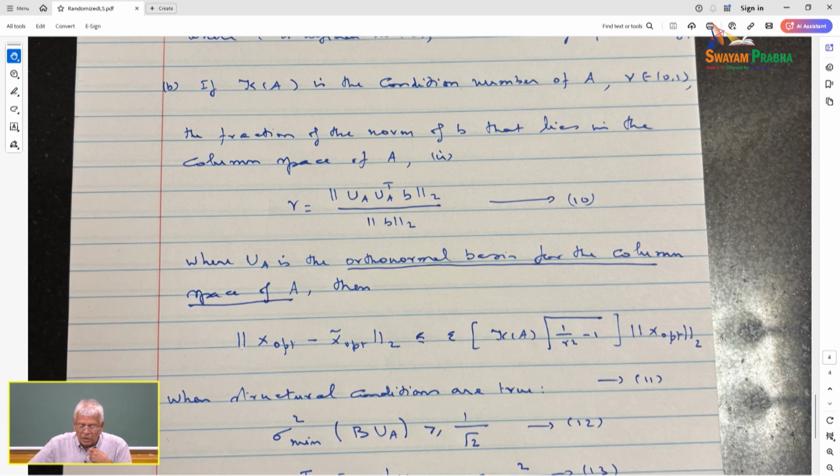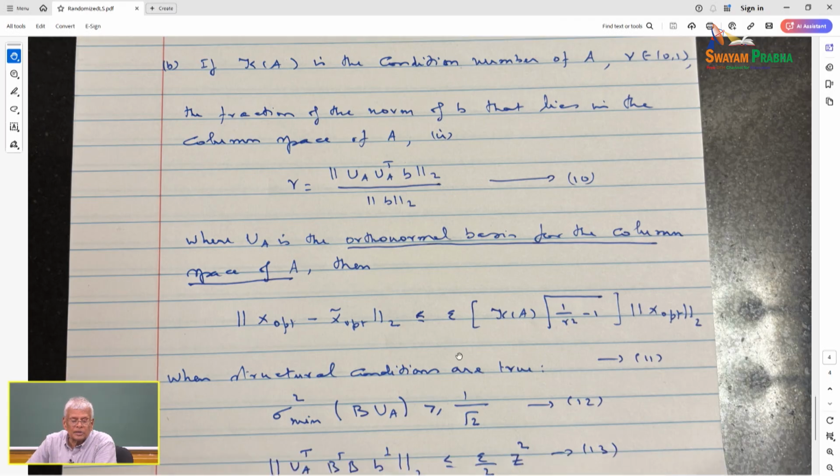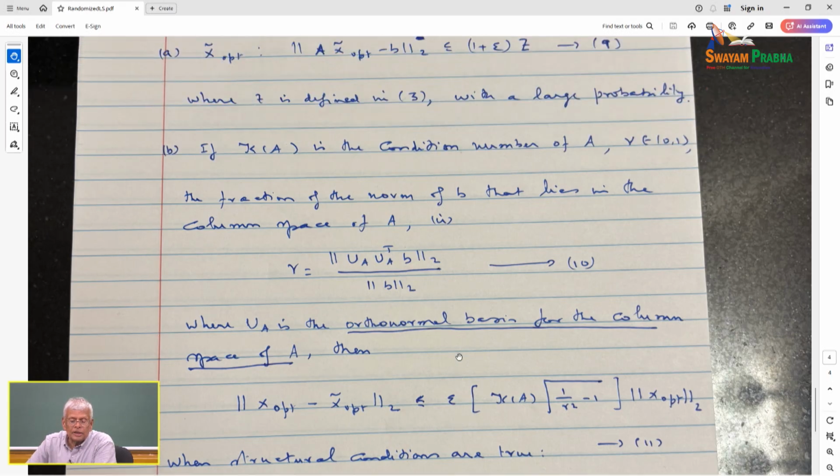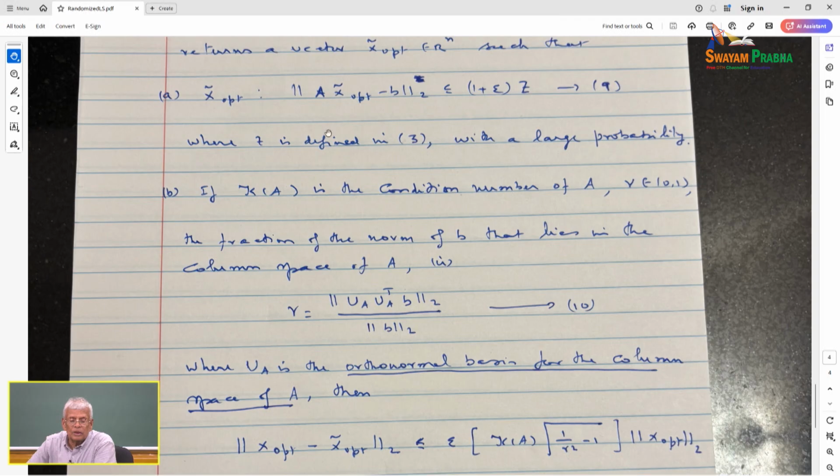So, the difference between the optimal solutions in the sense of 2 norm is the error in the solution. So, there are two ways of looking at it. One, you can think of it as the error in the optimal estimates.